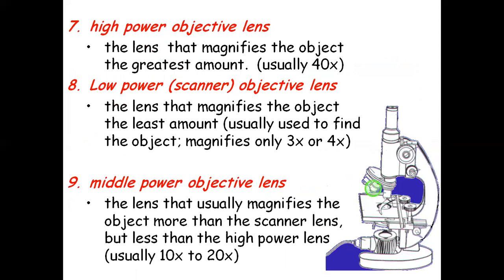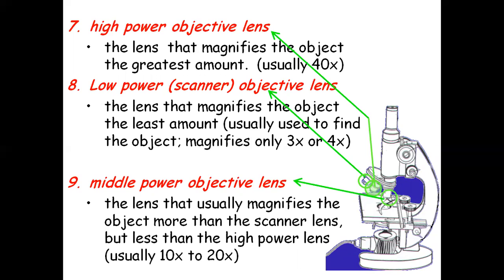The seventh part of the microscope is the high power objective lens, the lens that magnifies the object the greatest amount, usually 40x. Then the eighth part is the low power, that is the scanner objective lens, the lens that magnifies the object the least amount, usually used to find the object, magnifying only 3x or 4x.